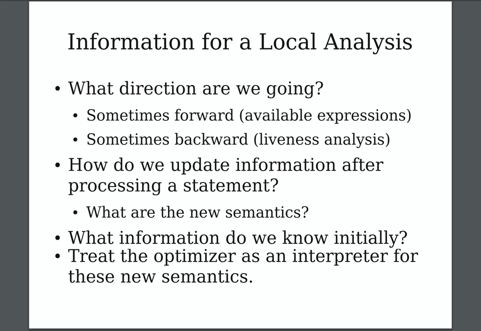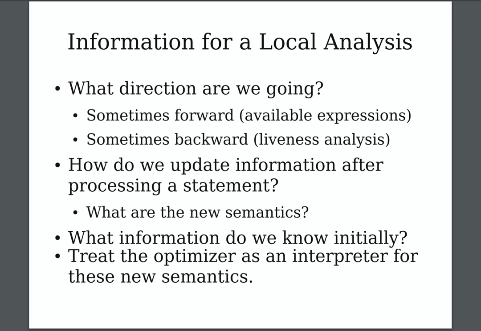Okay, so in order to define these analyses in general, we can create a framework. And actually, in practice, you can have this framework for doing this data flow analysis, the analysis of how values move through the program, and we can generalize it by having several properties of the analyses.